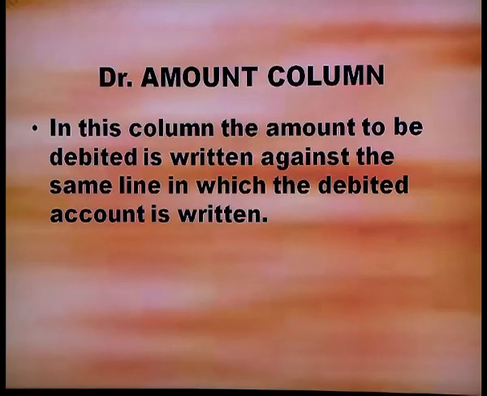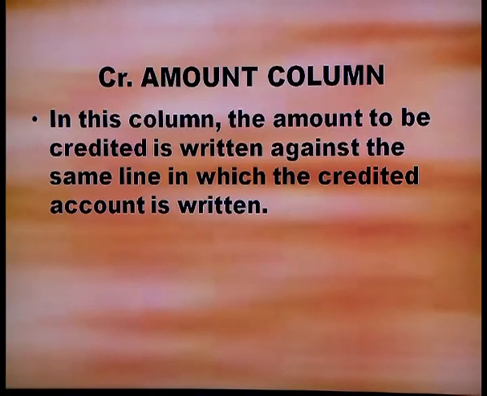Debit amount column, that is DR. In this column, the amount to be debited is written against the same line in which the debited account is written. Last column is credit amount column. CR means credit. In this column, the amount to be credited is written against the same line in which the credited account is written.